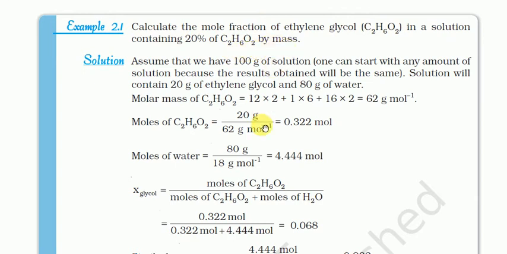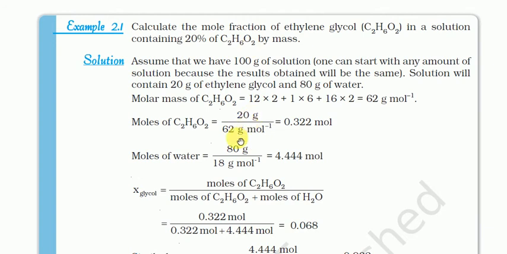What happens here? First we will find out the molar mass of ethylene glycol, which is 62 grams per mole, and the total solution is 100 grams, with 20% ethylene glycol in the whole solution.